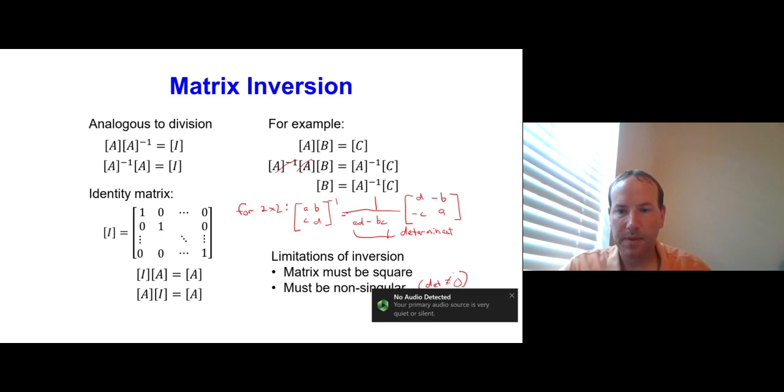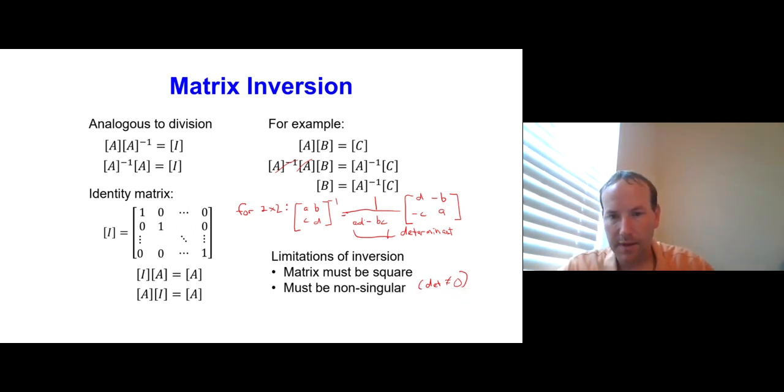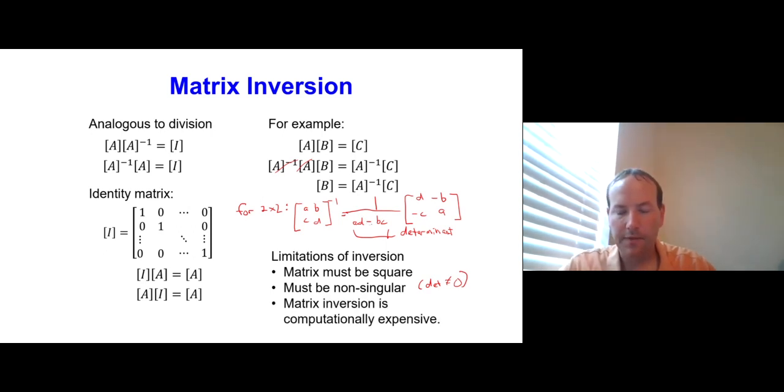That should make sense, because if this was 0, then 1 over it would go to infinity. And finally, in practical applications, matrix inversion can be computationally expensive, so we're going to look at some techniques later on to make this a more computationally efficient task.